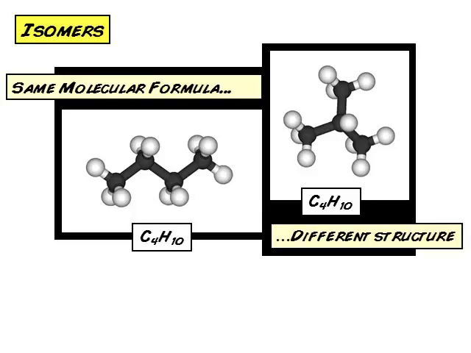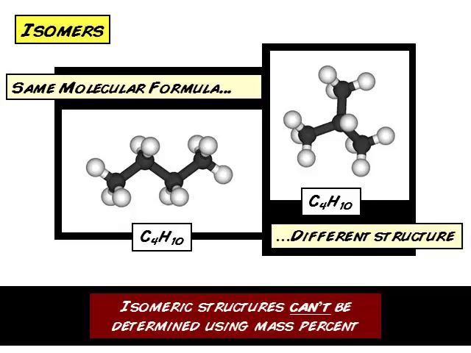Here they are in a propeller type shape. Those 4 black spheres are arranged differently. The molecular formula for each of these structures is C4H10, but the structure of the molecule is different. Isomeric structures can't be determined using mass percent, not even if we have the molar mass.